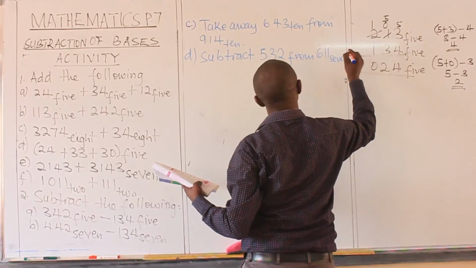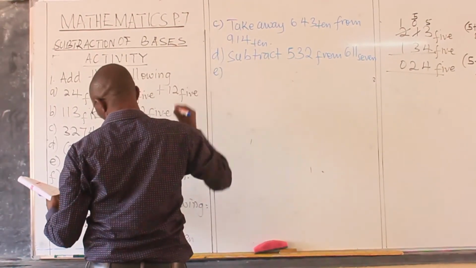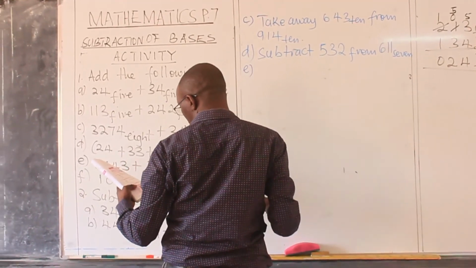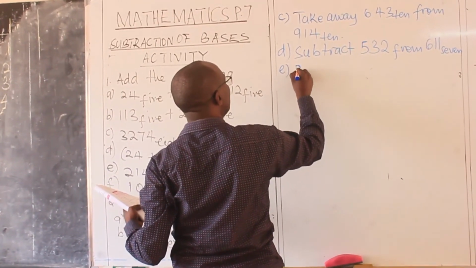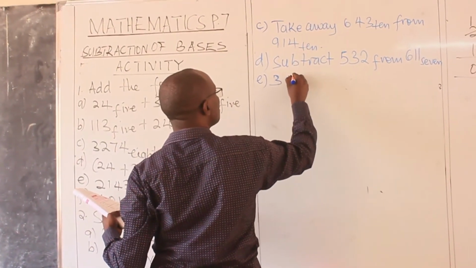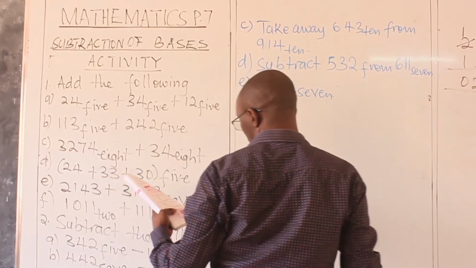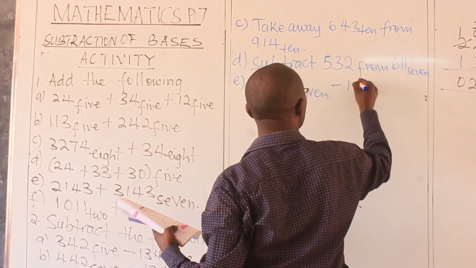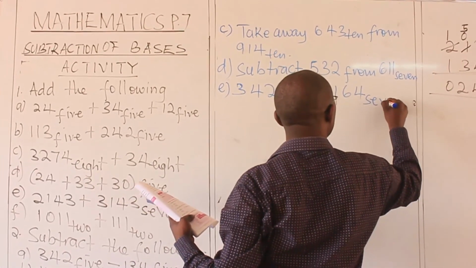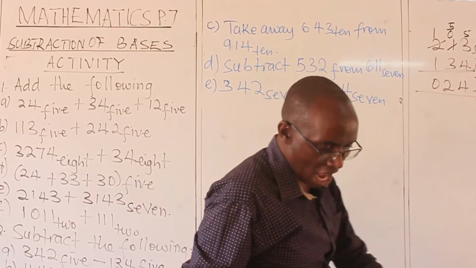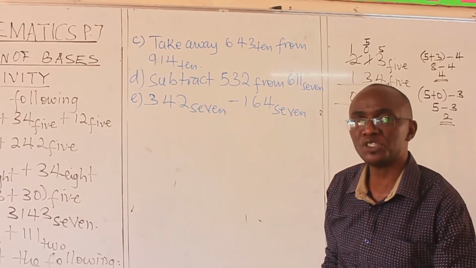Then D and E. We need a lot for subtraction. Some people would be saying, Mr. Kimuli is giving a lot of work. Math is practice. The more questions you try, the more you perfect in what you're doing. Minus 164 base 7. So that is the activity for today.